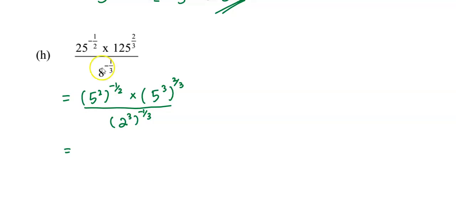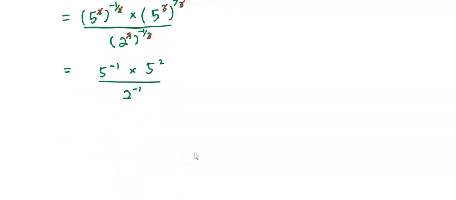So what you can do now is simplify the index, the power. The 2 and negative 1 over 2, you cancel off the 2. And the 3 here also cancel off. So in the end you got a 5 power of negative 1 multiplied by 5 power of 2 divided by 2 power of negative 1.